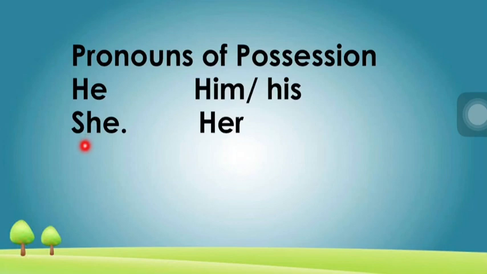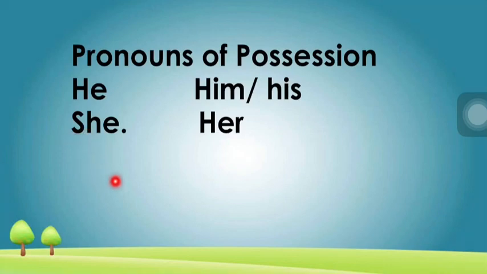She has a book, or we can say this is her book, or the book belongs to her. Again, we are showing a connection that something is belonging to someone. With she, we always use her. She is a pronoun used for female nouns.